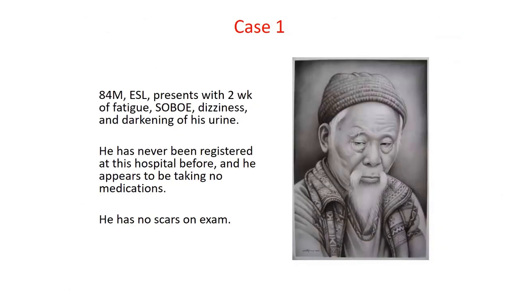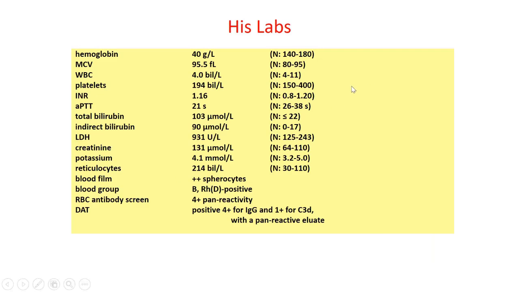So in this case, we have an octogenarian gentleman who presents after a fortnight with fatigue, exertional dyspnea, dizziness, and dark urine. Never been registered here before, and he takes no medications, and he has no scars on exam. And these are his parameters.